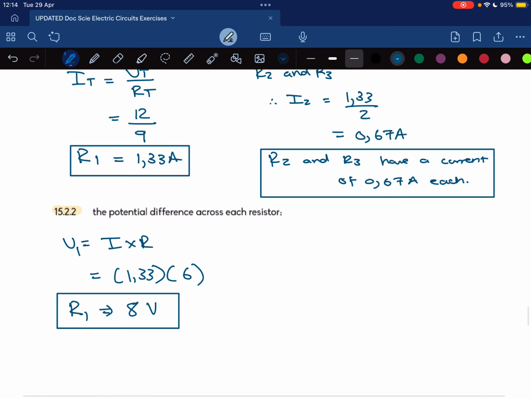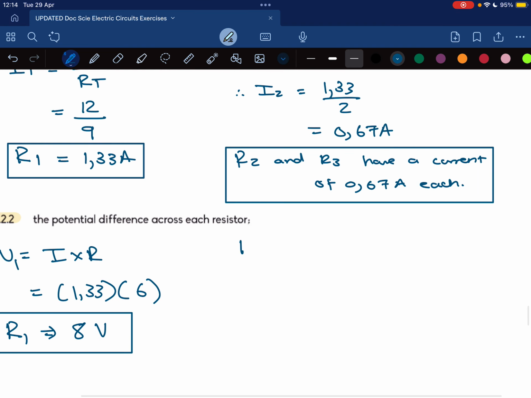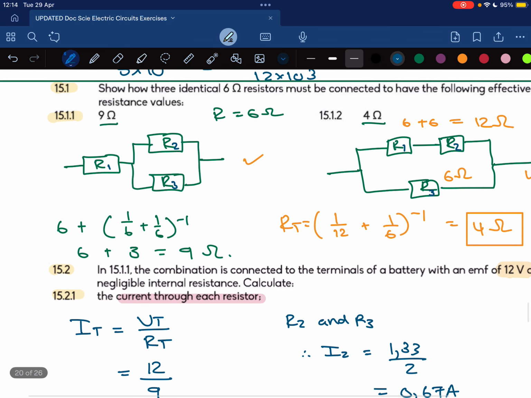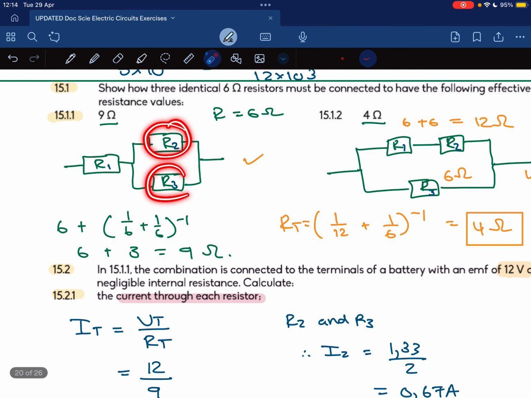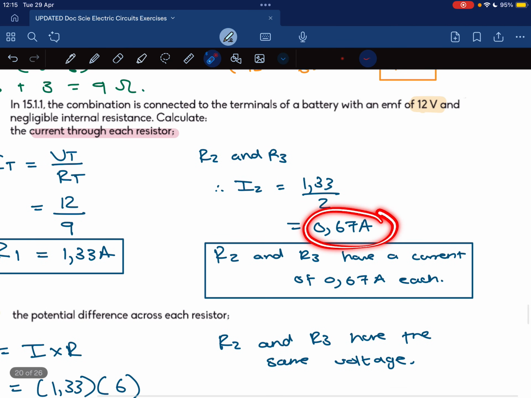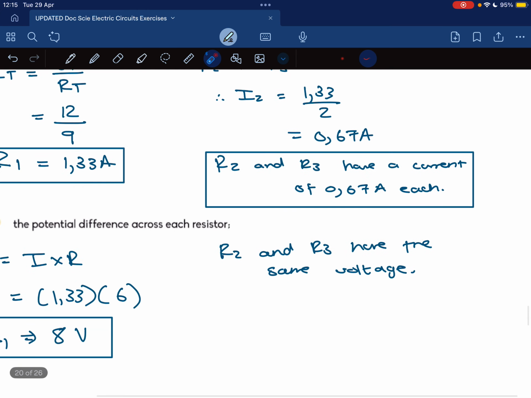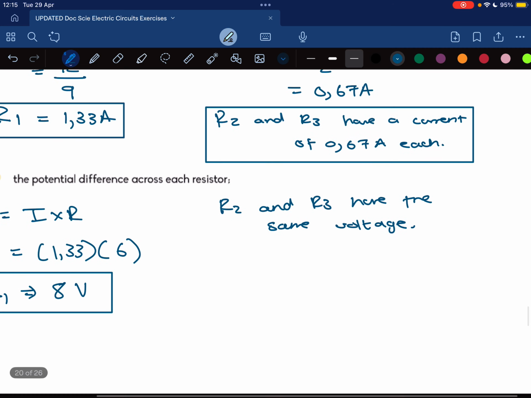Then if I look now at resistors 2 and 3, first of all, they have the same voltage, and that's not because they are the same resistance, it's because they are in parallel. So the voltage here is the same as the voltage here. Now you know the current, so you can calculate the voltage that goes through it. However, you can also just subtract from the total voltage, so it's up to you.